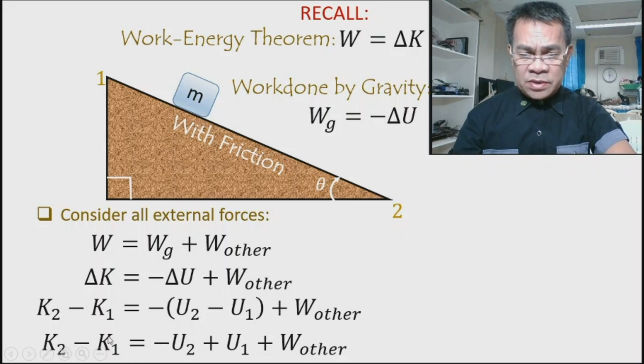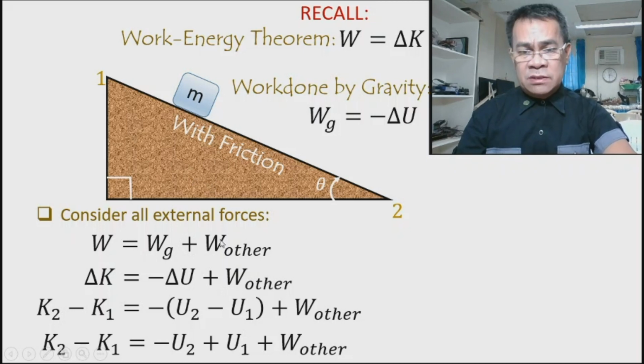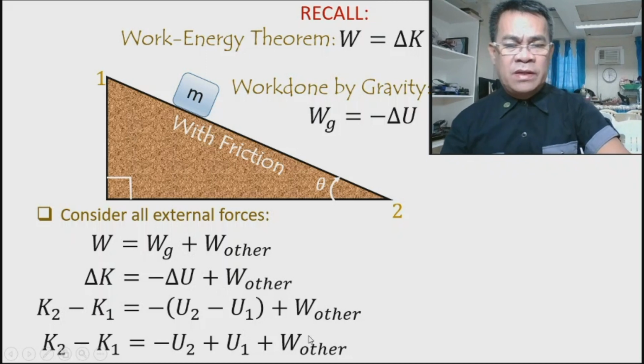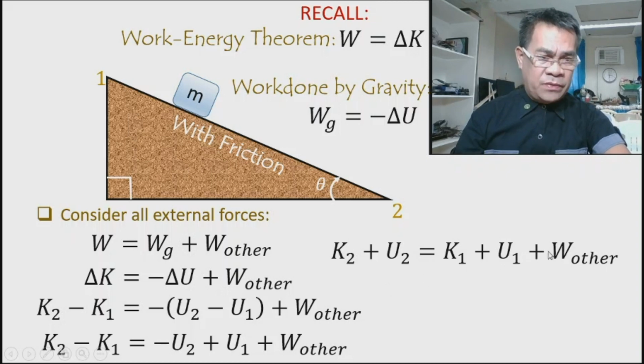Then again, it is almost the same. If you notice, in our previous case, if we consider only conservative forces, we ignore the work done by the other. So we just add the term for the work done by the other. Again, combine all terms that have the same subscript, and we come up with this result.